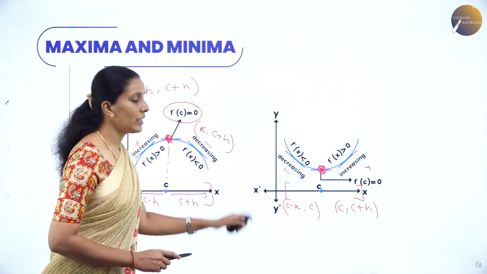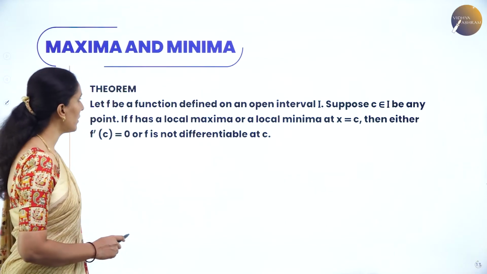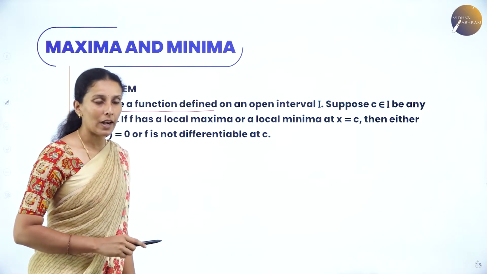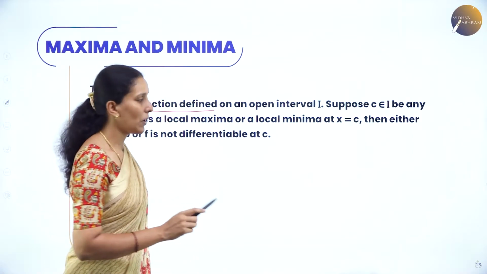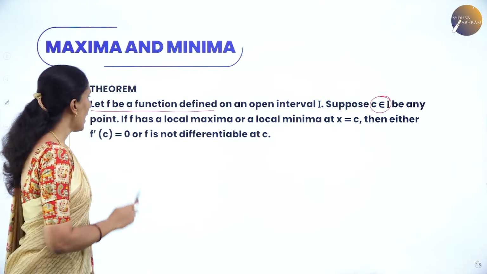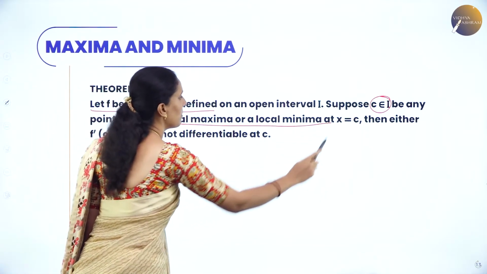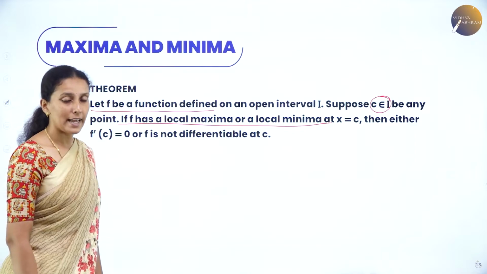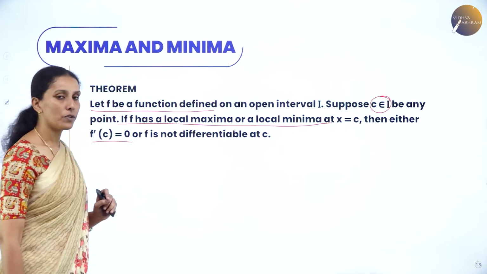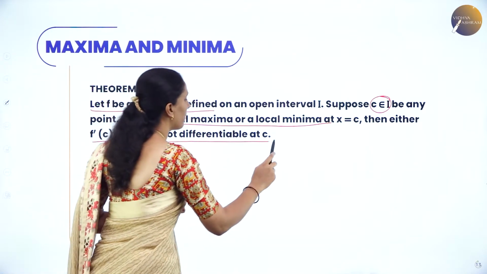Thus, by observing these graphs, we can give a definition: let f be a function defined in an open interval I such that c belongs to I, and f has local maxima or local minima at x is equal to c, then either f dash of c is equal to 0 or f is not differentiable at c.